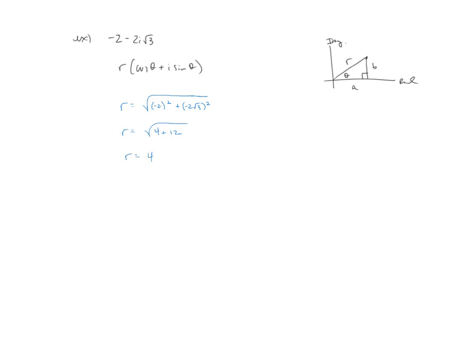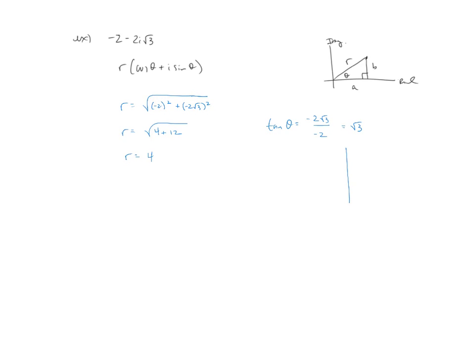And then for our theta that we're missing, just like we've done again many times, we would probably go with tangent of theta equals b over a. So the b would be negative 2 root 3 over the a, which is negative 2. So we get a positive root 3 out of this.